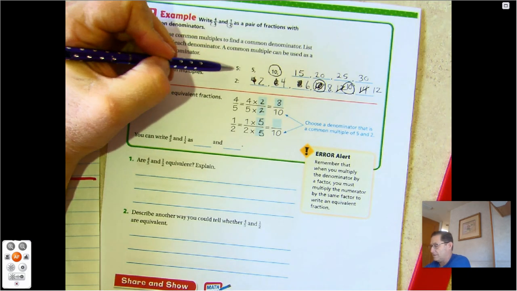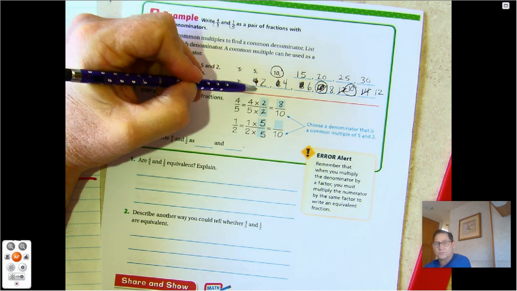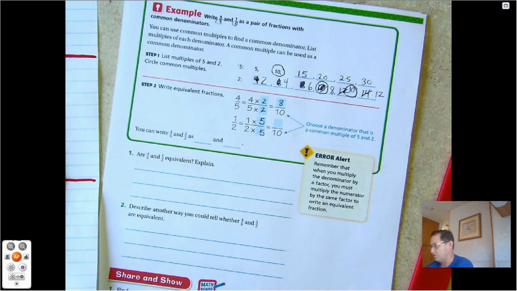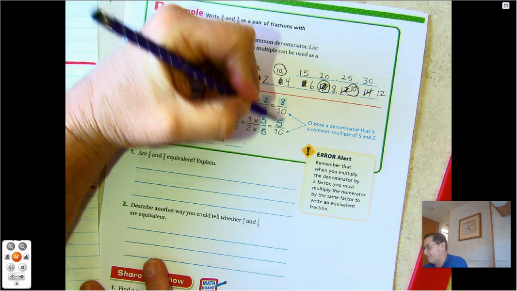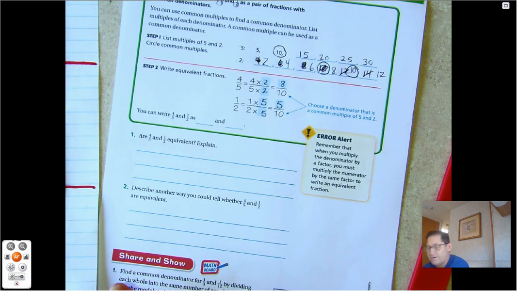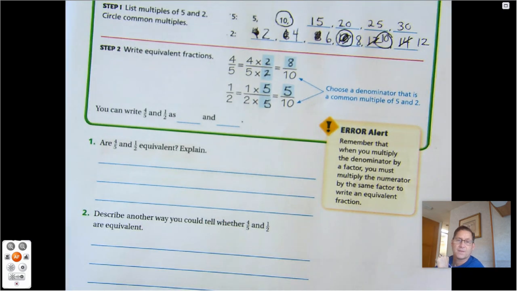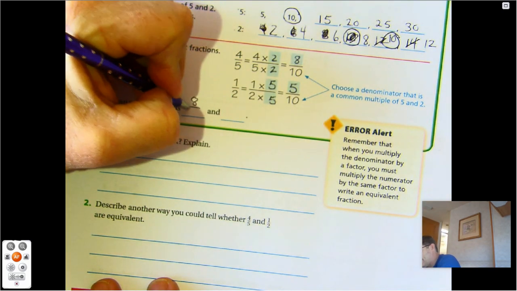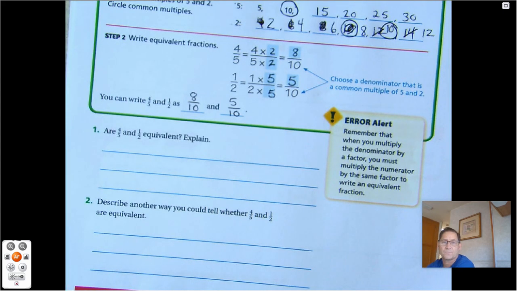Okay, we're finding the common multiples of 5 and 2, and we're going to start with those two multiples as the first term, or the first multiple. Okay, so 5 times 2 is 10, and 5 times 1 is 5. So we can rewrite 4/5 and 1/2 as 8 tenths and 5 tenths.